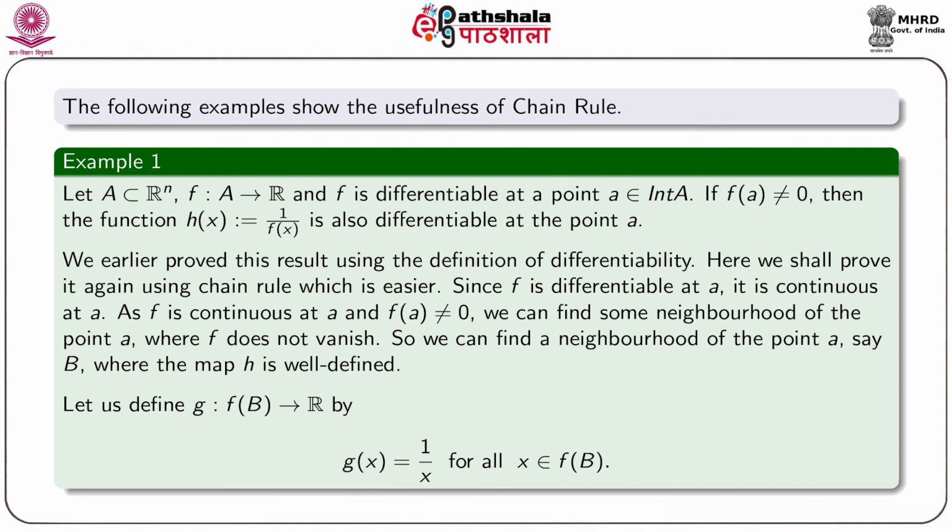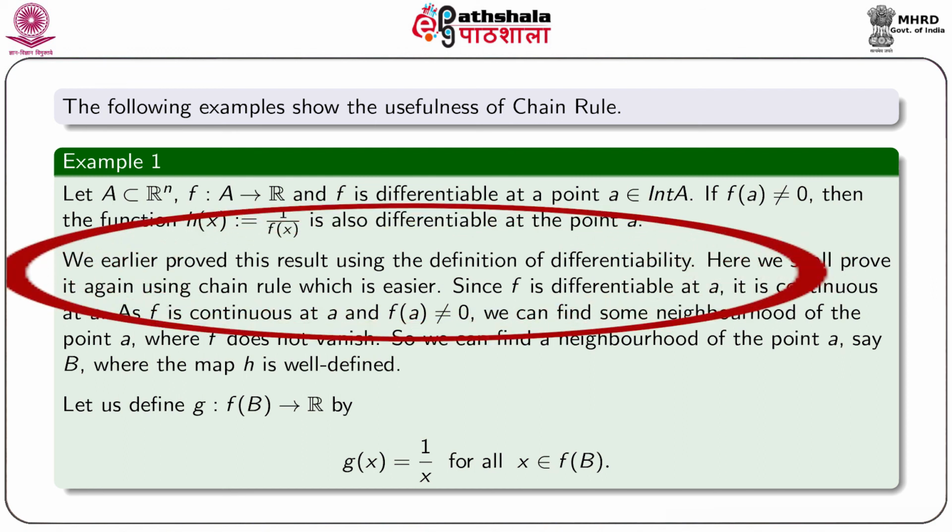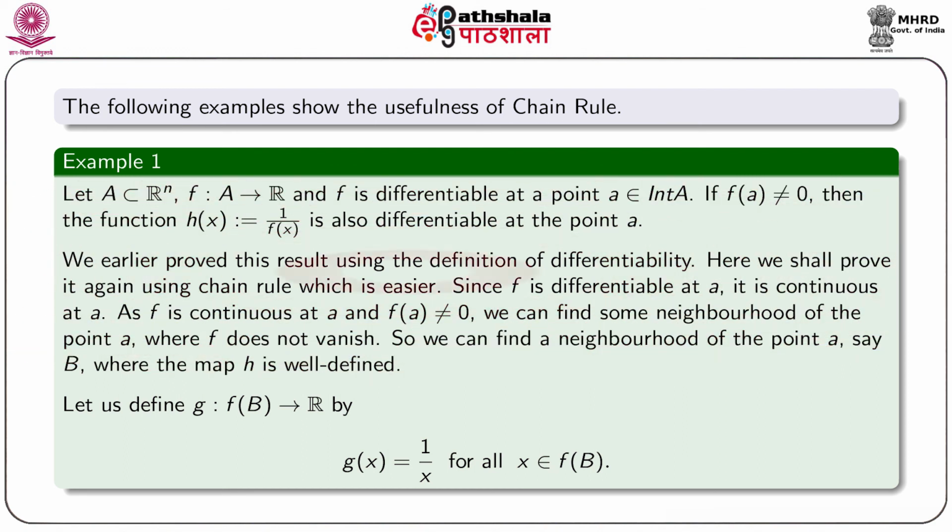We can easily recall that we earlier proved this result, but from the definition. Here we shall prove it again using chain rule, and we can find this time will be easier.